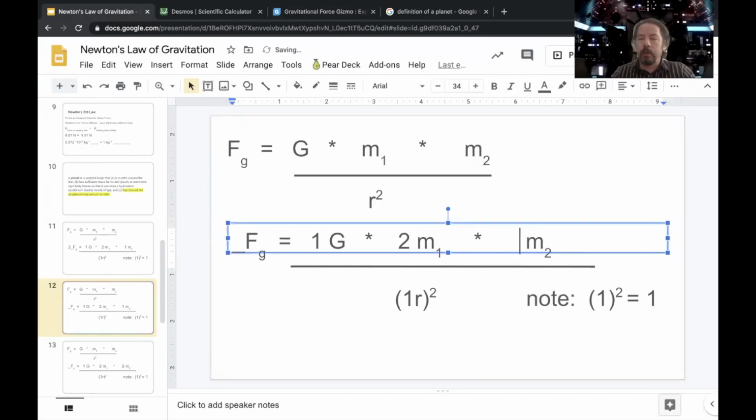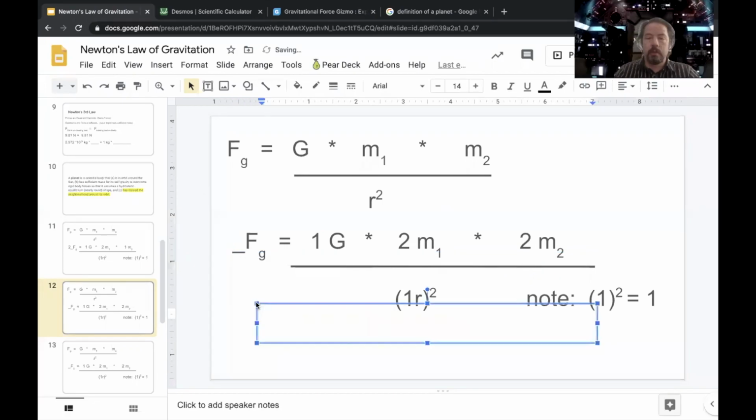What if we double the other mass? 1 times 2 is 2, times 2 is 4. Divided by 1 squared is still 4. So 2 times 1 is 2, 2 times 2 is 4, divided by 1 squared is going to be equal to 4.